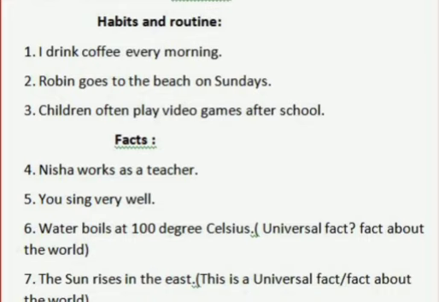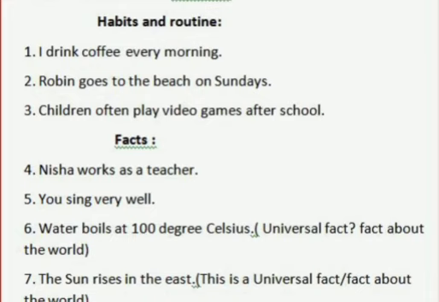Next is you sing very well. So whenever we use you, we use the verb in V1 format. V1 means there is no change. Okay. He, she, it also start from the V1 format itself. He works, she works, but we simply add s or es whenever it is he, she, it, these personal pronouns. That is a slight change you have to keep in mind when making a simple present tense.